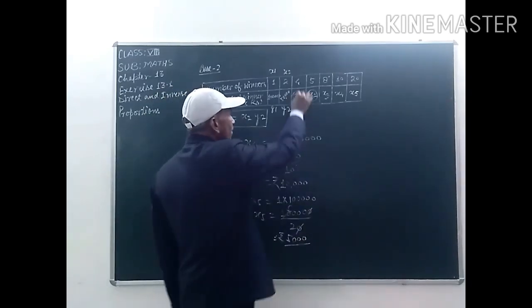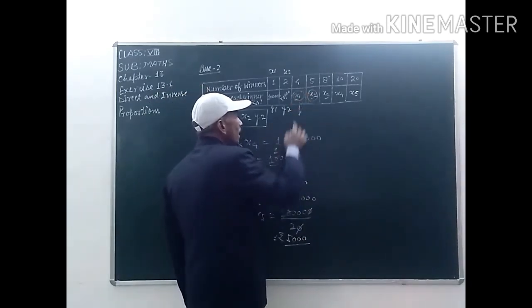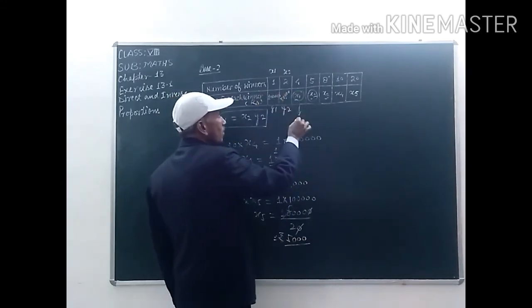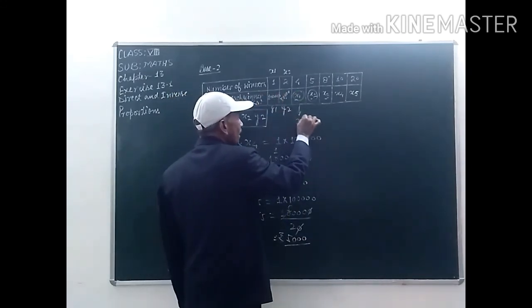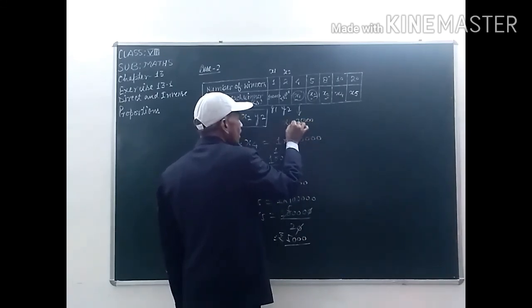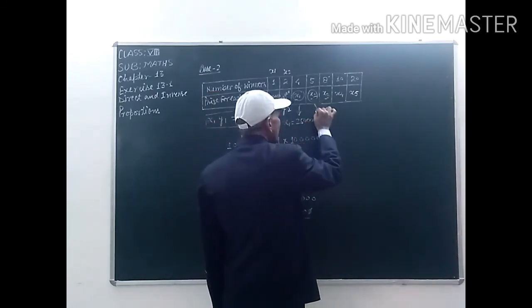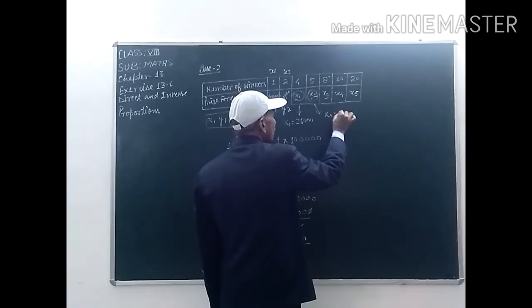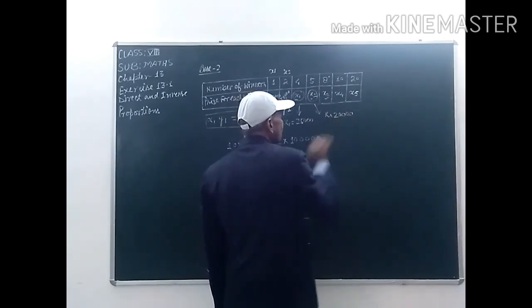So what is the value of x1? If the number of winners is 4, then they will get 25,000 rupees each. This is x1, and this is x2: if the number of winners is 5, then they will get 20,000 each.